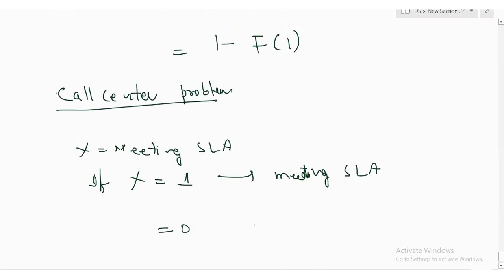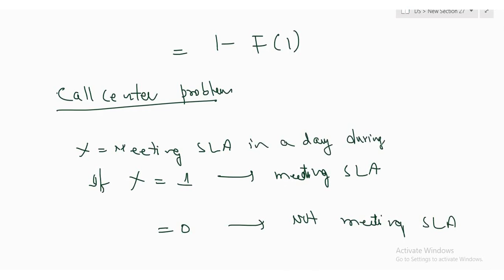X equal to 0, I'm calling not meeting SLA in a day. During 0 to 1 hour only I'm talking. Your definition should be very, very clear. The definition we are given for meeting SLA is that at least 90% of the calls should be answered. So whenever in a day at least 90% of the calls are answered, I'm going to keep it as 1.